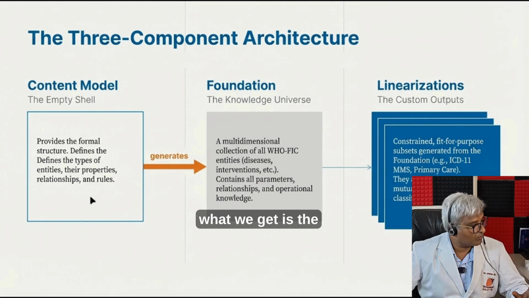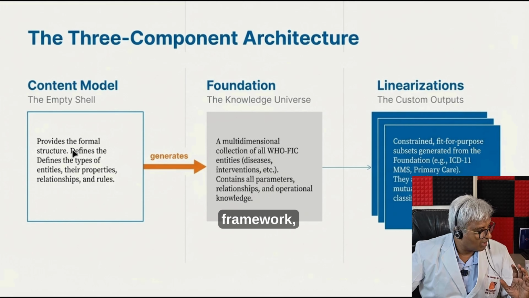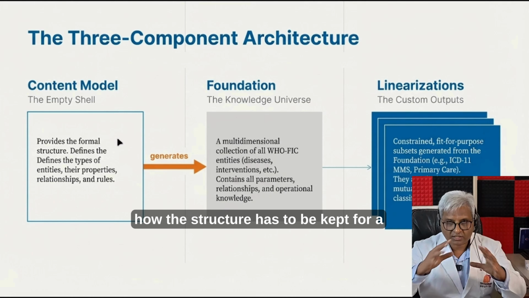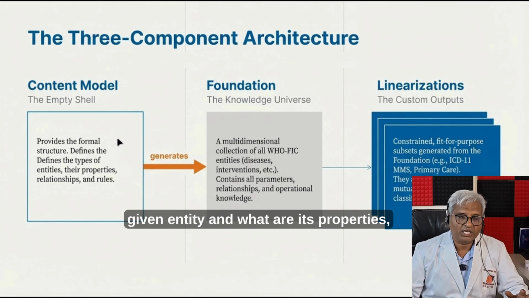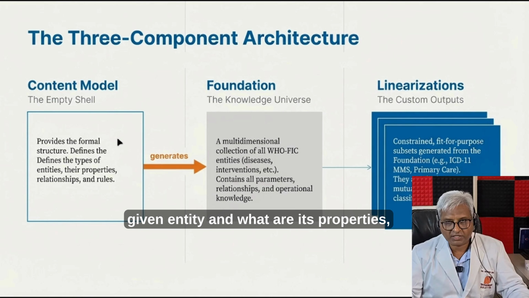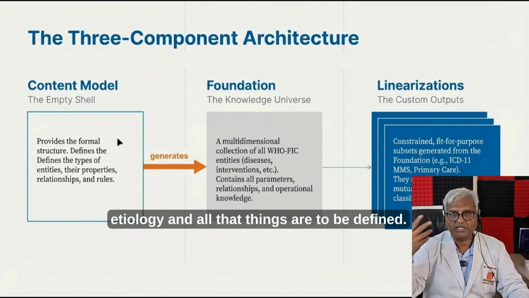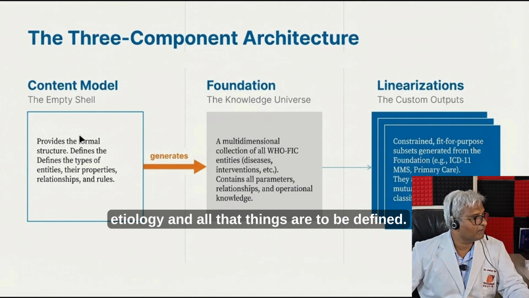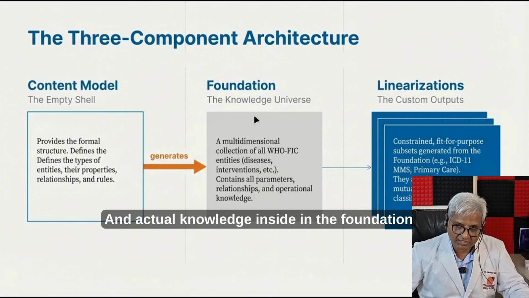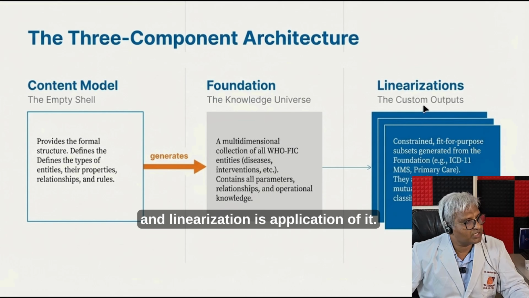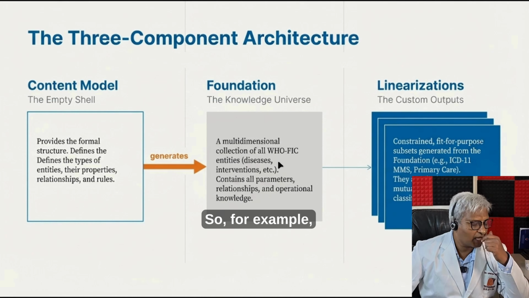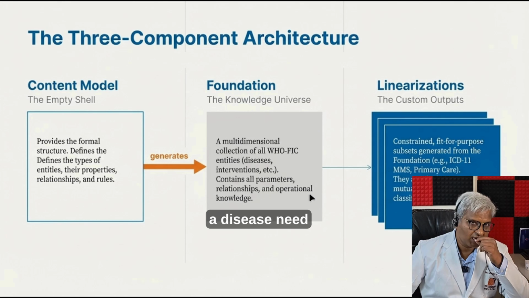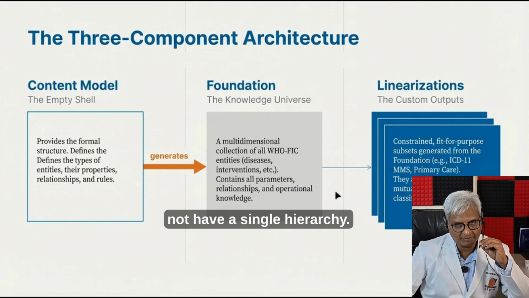So in the content model, what we get is the framework: how the structure has to be kept for a given entity, and what its properties like left, right, etiology and so on are to be. The actual knowledge is inside the foundation, and linearization is the application of it. For example, a disease need not have a single hierarchy.